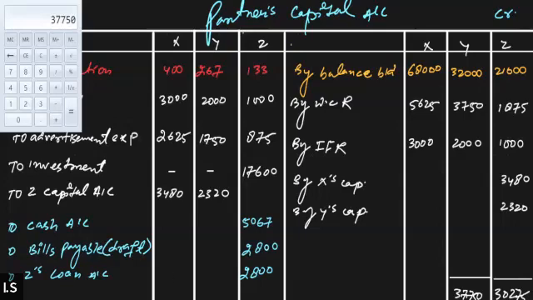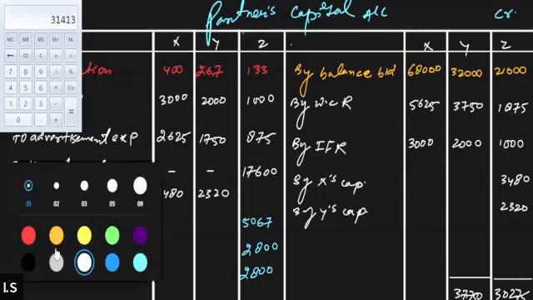And we need to subtract all these values. 2667, 167, minus 2000, minus 1750, minus 2320. This will be 3143.